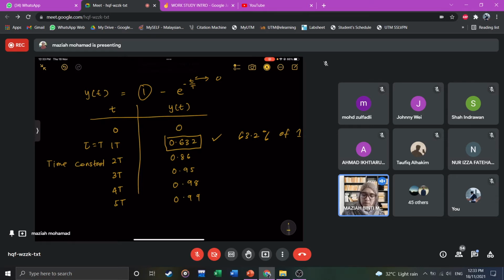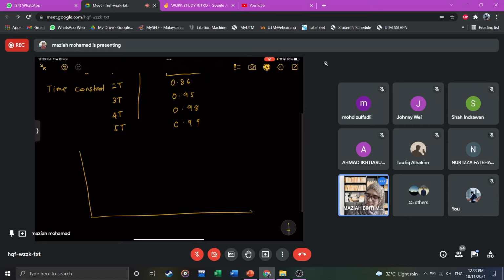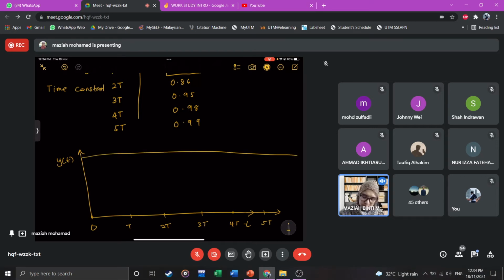If we increase time to 2 tau, 3 tau, 4 tau, 5 tau, it will reach these values. Basically if you plot y(t), this is 0, 1 tau, 2 tau, 3 tau, 4 tau, 5 tau. It will reach 1; at infinity you will get 1. Let's say 0.5, 0.6, 0.632, 0.8, 0.95, 0.98, 0.99.